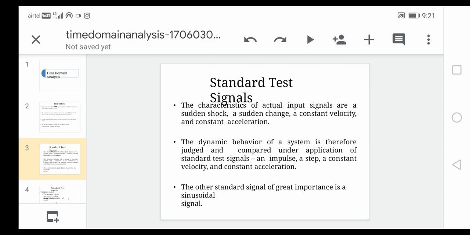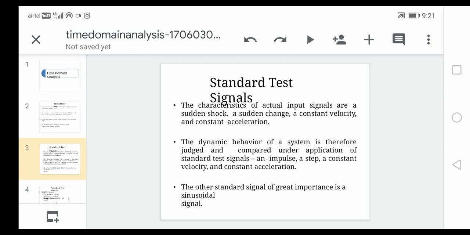Constant velocity is a ramp signal, and constant acceleration is a parabolic signal. By using these signals we can judge and compare the dynamic behavior of the system.